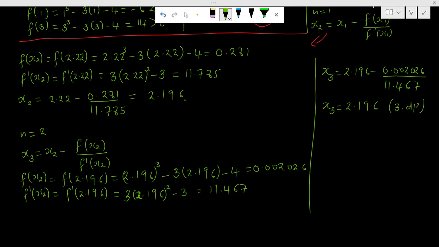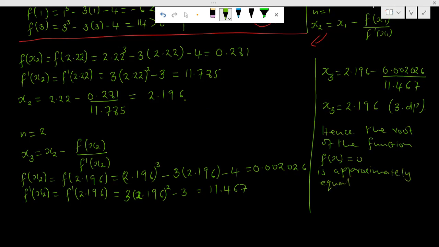So since now x3 and x2 are the same, we say that hence the root of the function f of x equal to 0 is approximately equal to 2.